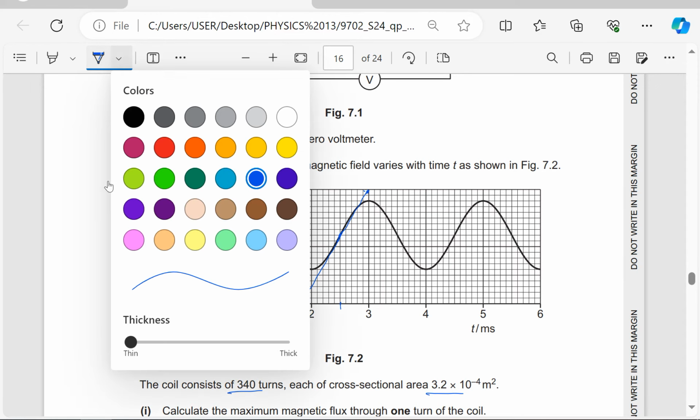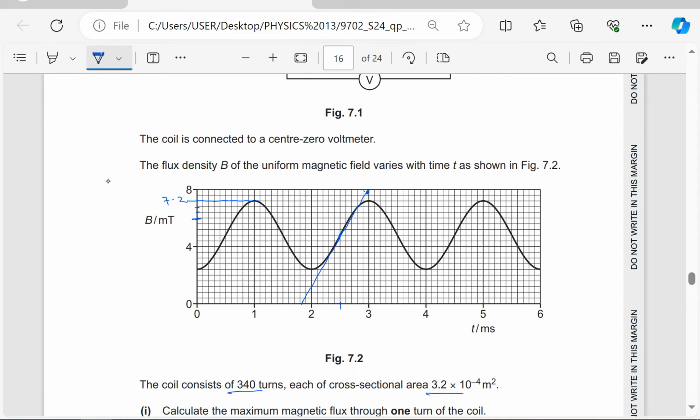Let me try to make this thick, even though you're not supposed to make it thick, just for learning purposes. I want to draw a beautiful tangent. Okay. Here I may not be very accurate for my tangent. I think I should draw a new tangent.